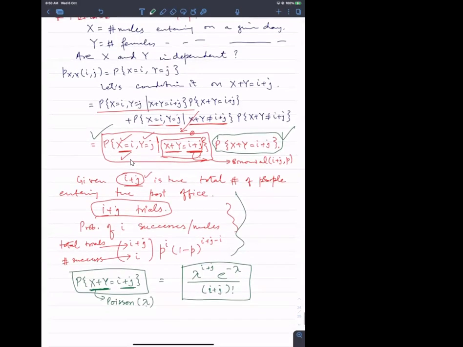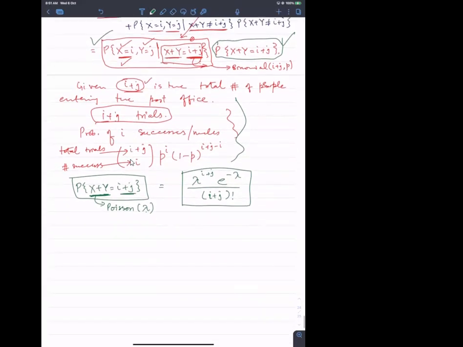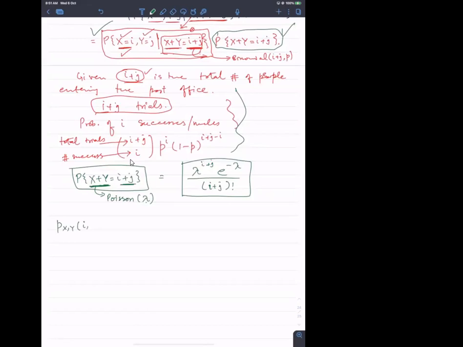So I can now write the joint PMF of X and Y. P X Y of i comma j is equal to the product of this guy and this guy, which is i plus j choose i, p power i, 1 minus p power j, multiplied by this Poisson guy, lambda power i plus j, e to the minus lambda over i plus j factorial.